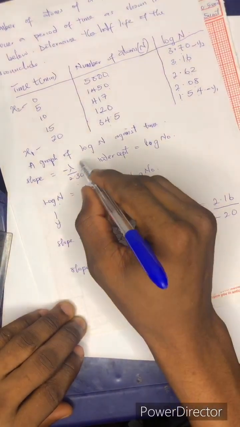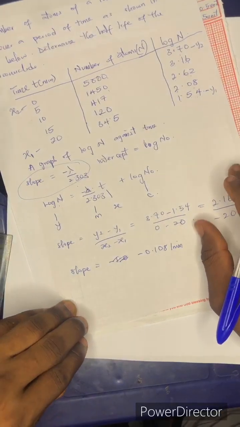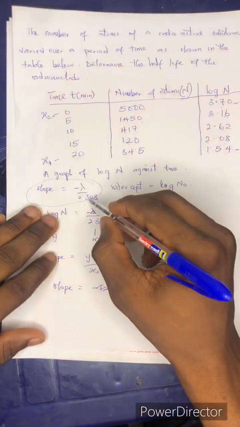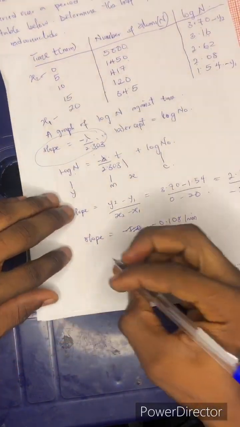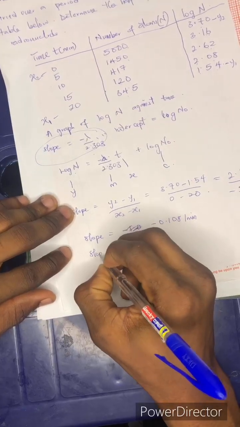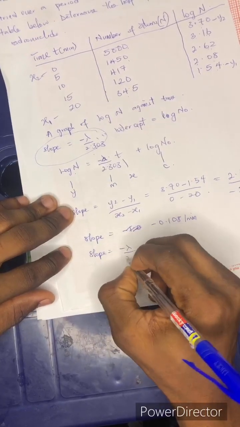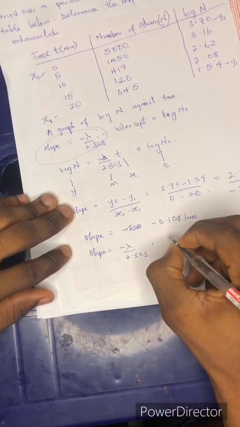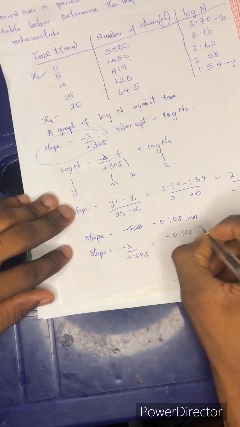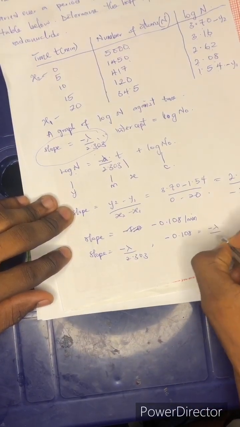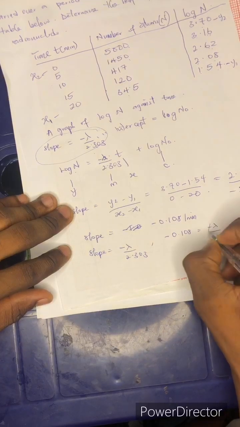But don't forget, I also said this about slope. Are you seeing that? With that, you can say that since slope is equal to minus lambda over 2.303, it should now be minus 0.108 equals minus lambda over 2.303. Minus cancels minus.